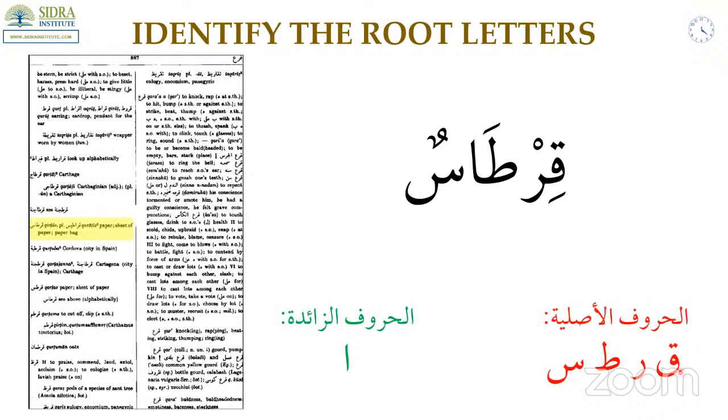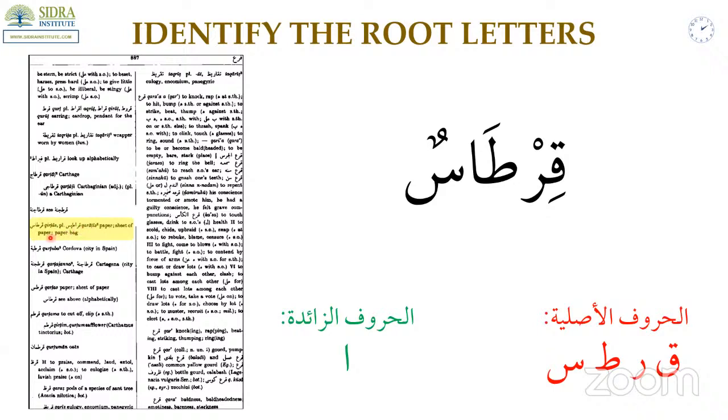So how would this appear in the Hans Wehr dictionary? When you are searching, you'll see this: qaf, ra, ta. Here at the top on the previous page, you'll probably come across qaf, ra, and ta, carrying on with ain. If you follow it down, there are no verbs under this pattern, so you haven't got Roman numerals.